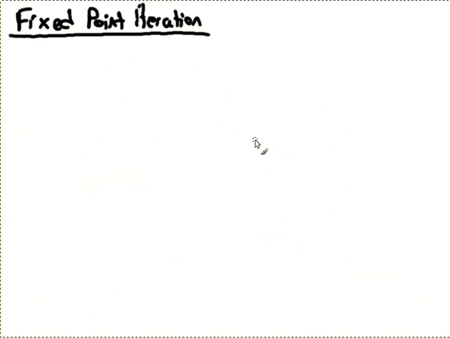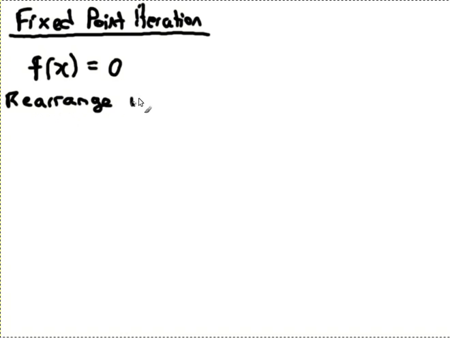Now, this method is quite a technical method. We start off with an equation of the form f of x equals 0, because we're always finding the roots of the equation. And we rearrange this into a different function, g of x, which equals x.